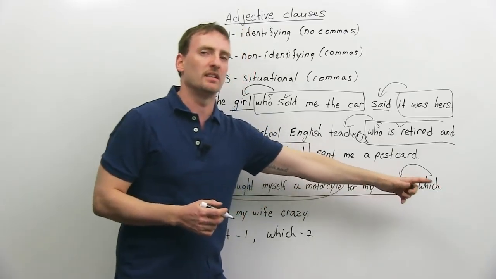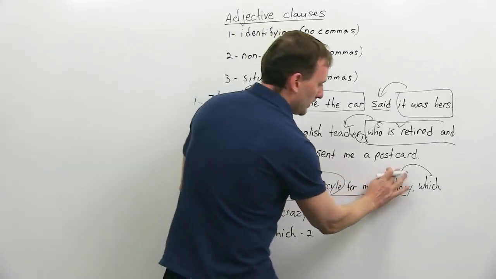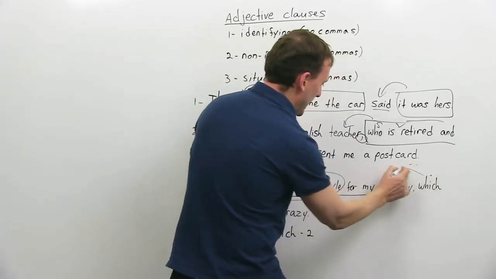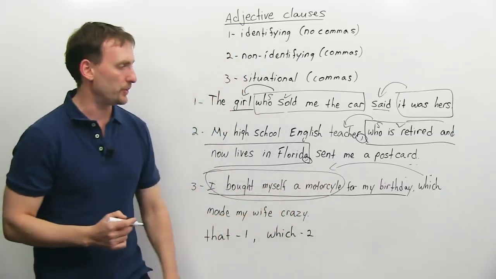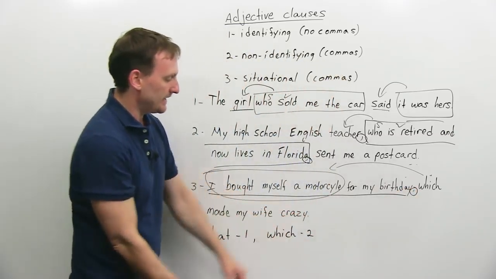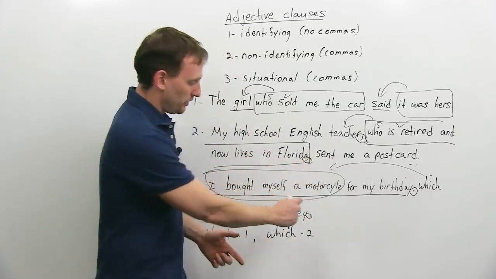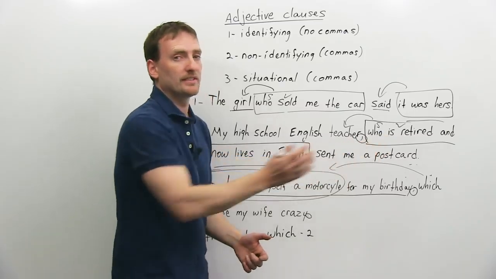This situation made my wife crazy. So we don't modify the last noun, we actually modify the whole situation, and we use a comma. We end the sentence with it, so we use a period. If it was in the middle of the sentence, of course, comma, and continue the sentence.